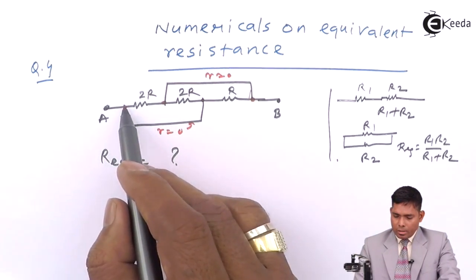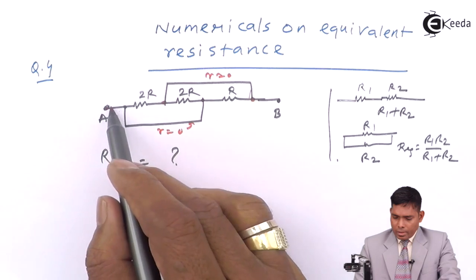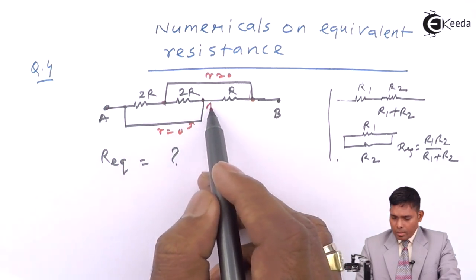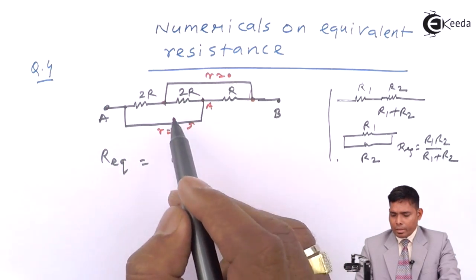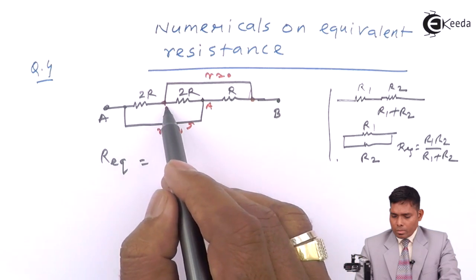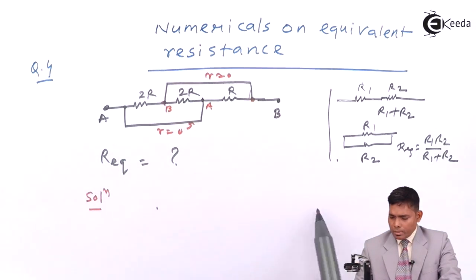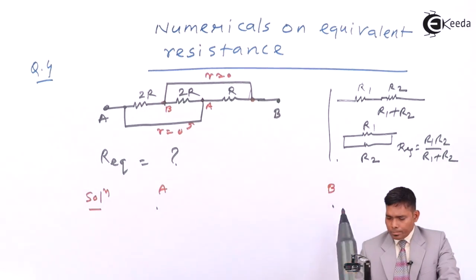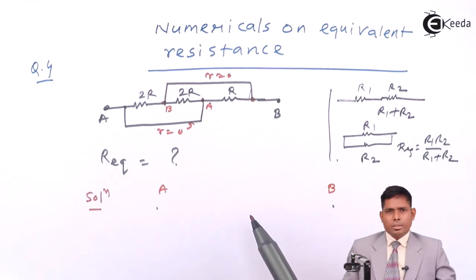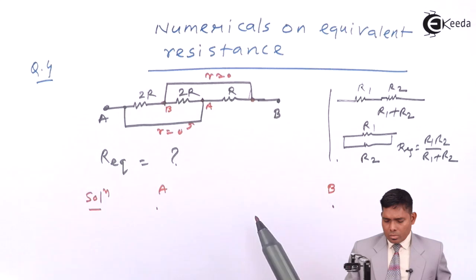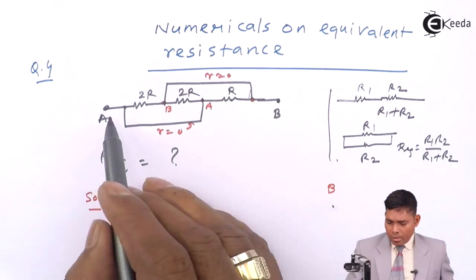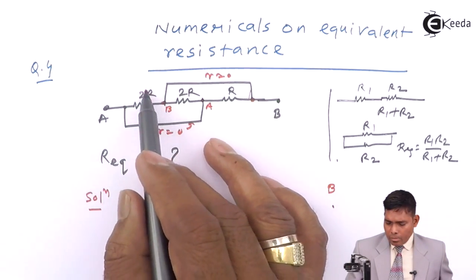Suppose this is A. If I call it A, then this is also A, because this is the same wire. If this is B, then this is also B. So I have 2 points, A and B. Now let us start connecting all 3 resistors. In between A and B there is one resistor 2R.